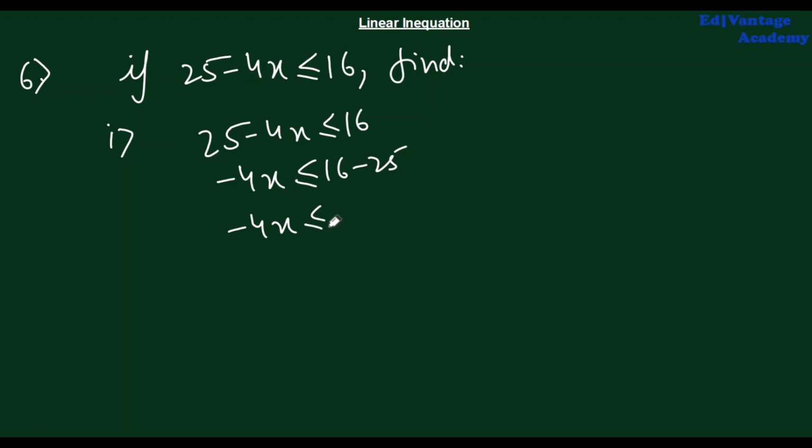Minus 4x is lesser than or equal to minus 9. X is minus 9 by minus 4. You are taking a negative number in division. It remains negative only, but from multiplication it became division. So the symbol has to reverse. Minus minus cancel. You got x is greater than or equal to 9 by 4. If you do the division, 9 by 4 will come 2.25.